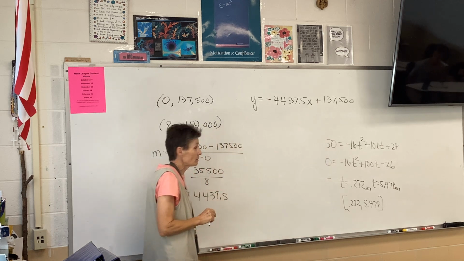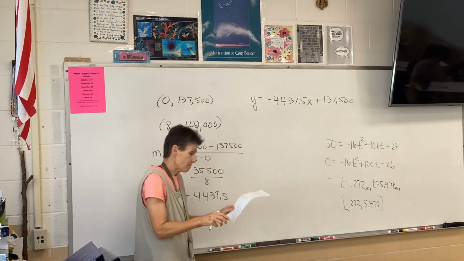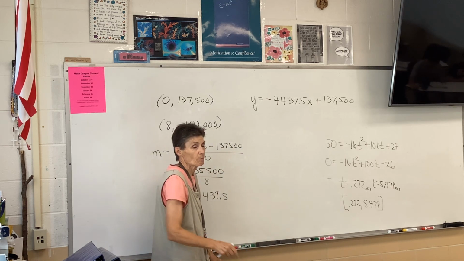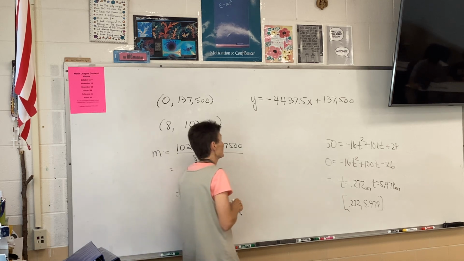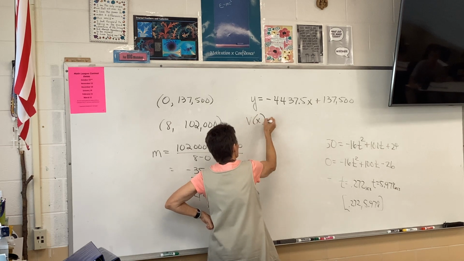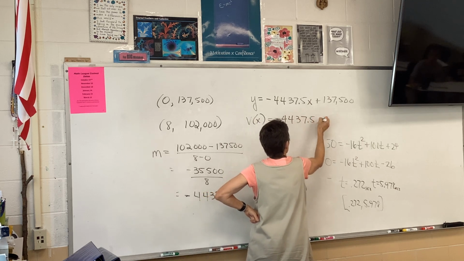All right, Sophia, you with me at this point? Yeah. All right. What will the building be worth 13 years after it was purchased? Plug in 13. So, again, going back to a question that came earlier, this is like a function. It gives the value of the house.